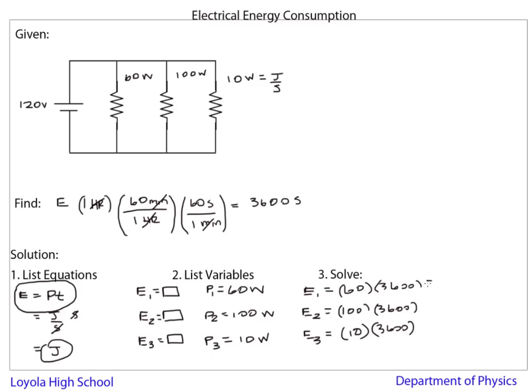So if I've done the math right, this is 216,000 joules. This is 360,000 joules. That's easy to multiply. And this is 36,000 joules. And if you add those all up, you get 612,000 joules, which seems like a lot, and it is.